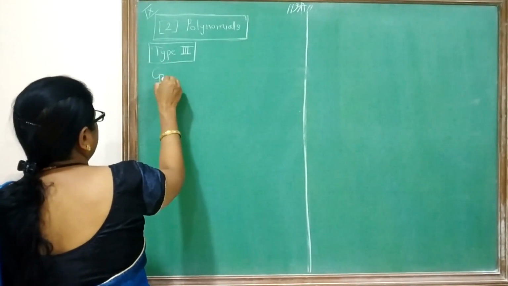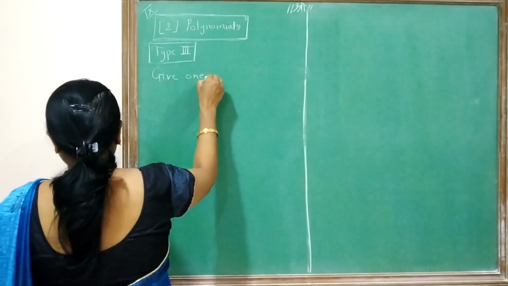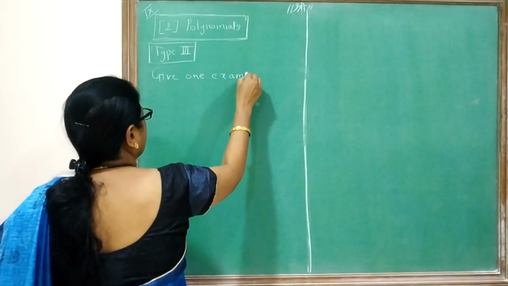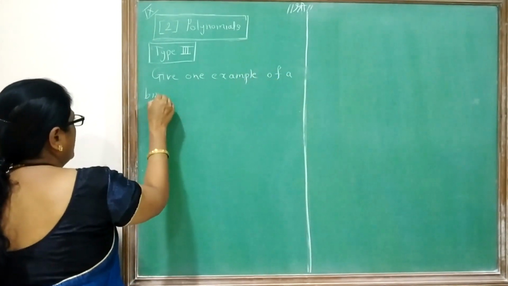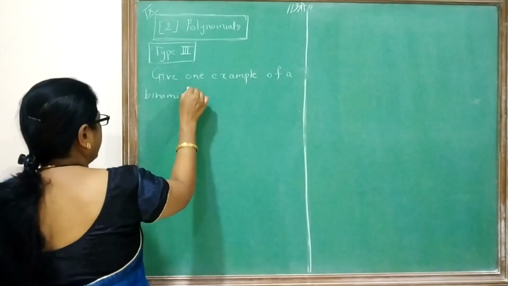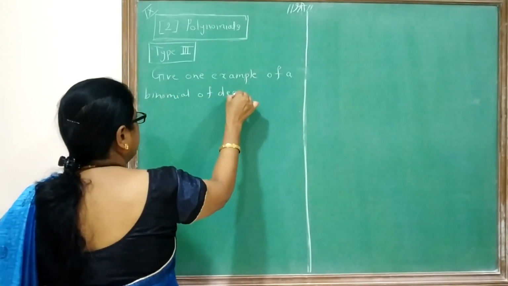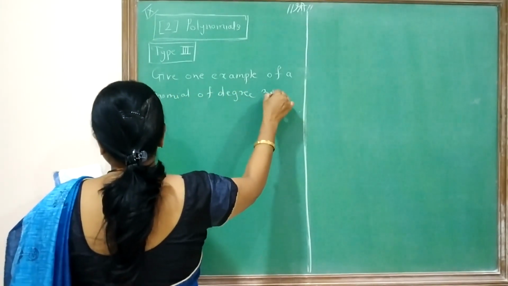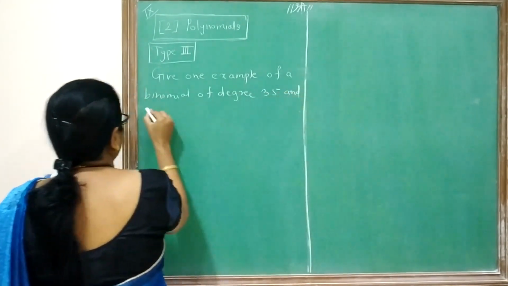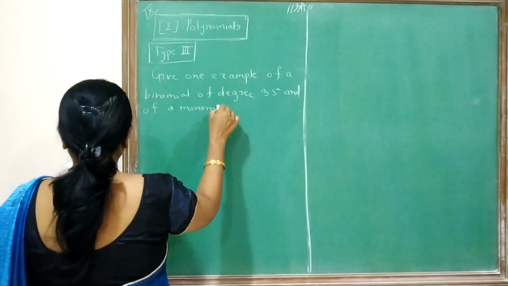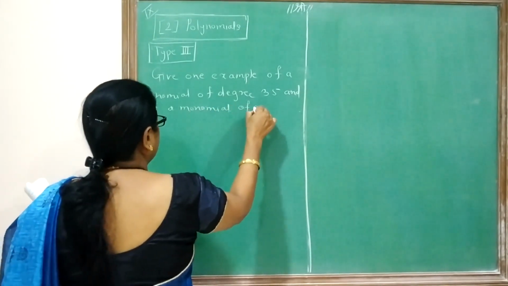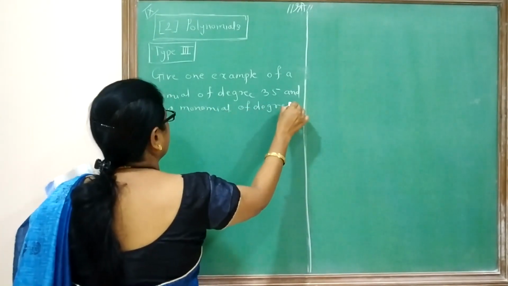Give one example of a binomial of degree 35 and of a monomial of degree 100.